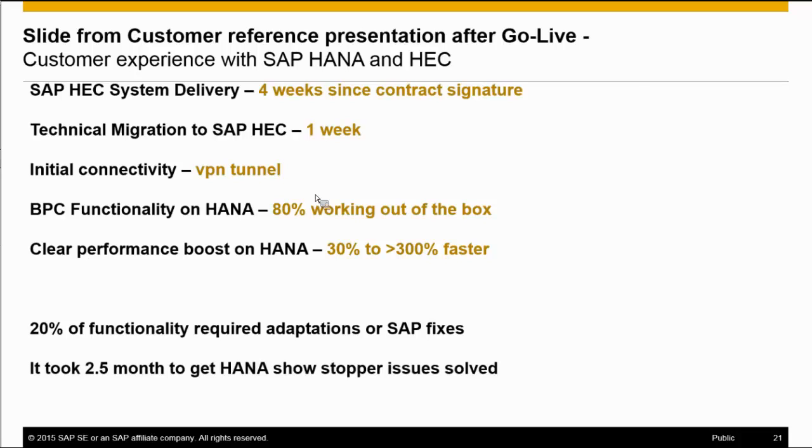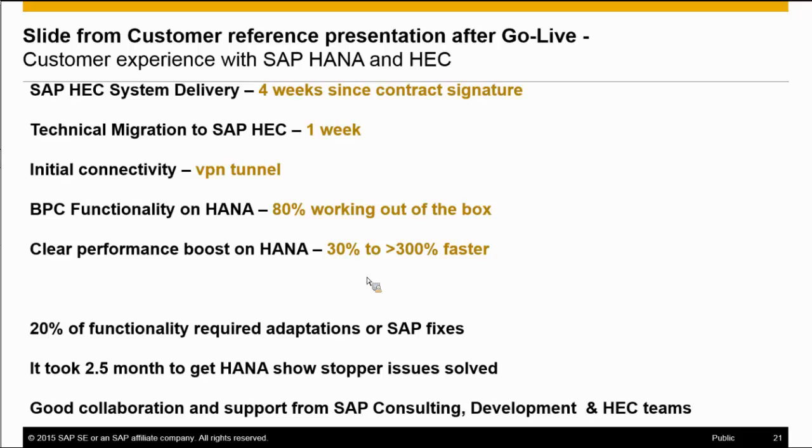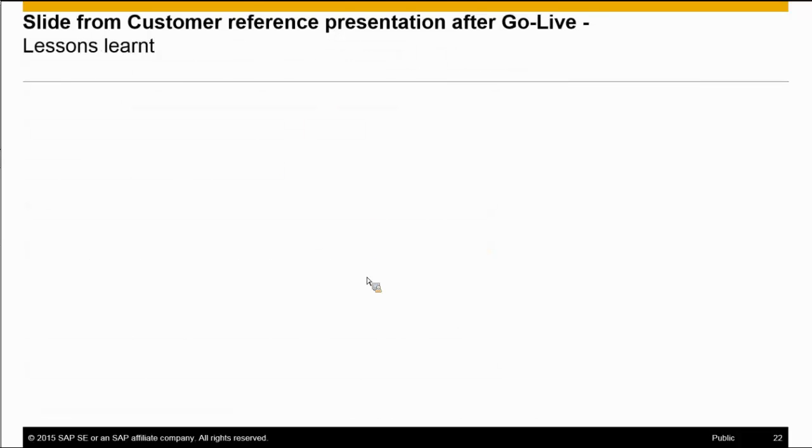And indeed, it took 2.5 months in very close cooperation between myself, the guys from the HEC team and the guys from HANA Development and BPC Development to overcome all the showstopper issues and to convince the customer that BPC on HANA was the way to go forward. And they agreed to that. And so we got a go for productive HEC. And so since March last year, 2015, the customer is now live with BPC on HANA.